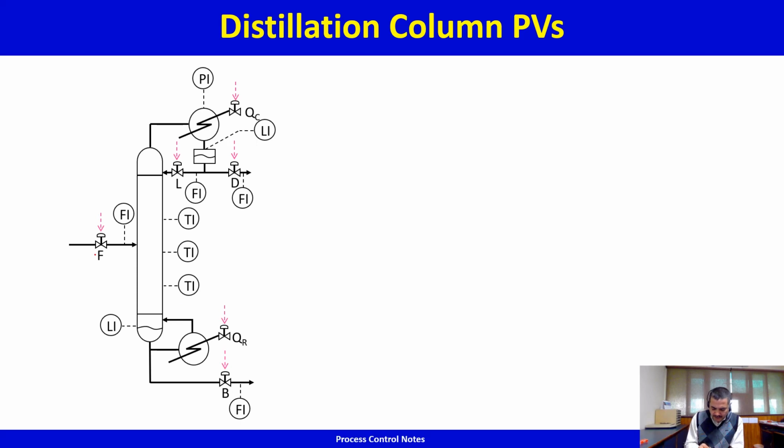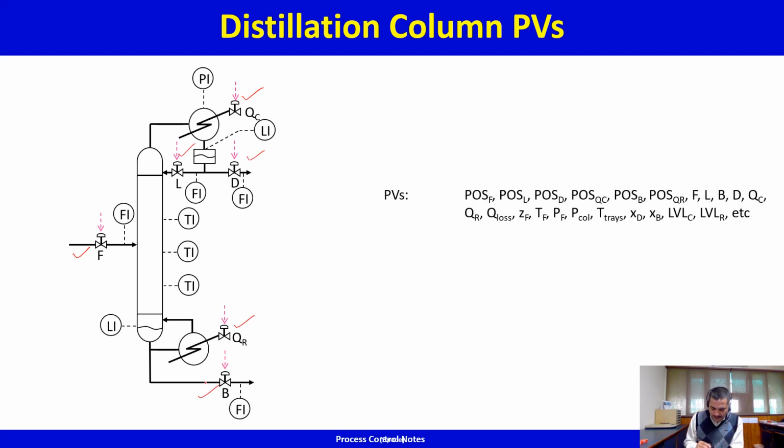There are a total of 6 control valves: 1, 2, 3, 4, 5, 6. And when you have no control, these valve positions are being directly specified by the user. So what are my process variables? The 6 valve positions: inflow rate, reflux rate, bottoms rate, distillate rate.